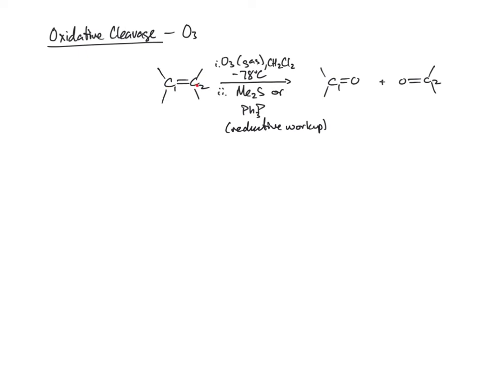So here's our general alkene, carbons 1 and 2. Ozone gas, when dissolved in dichloromethane, forms a nice bluish hue. The gas acts upon the alkene, and you run these reactions at -78. If you've done lab research or you're going to join a lab, -78 is pretty common.